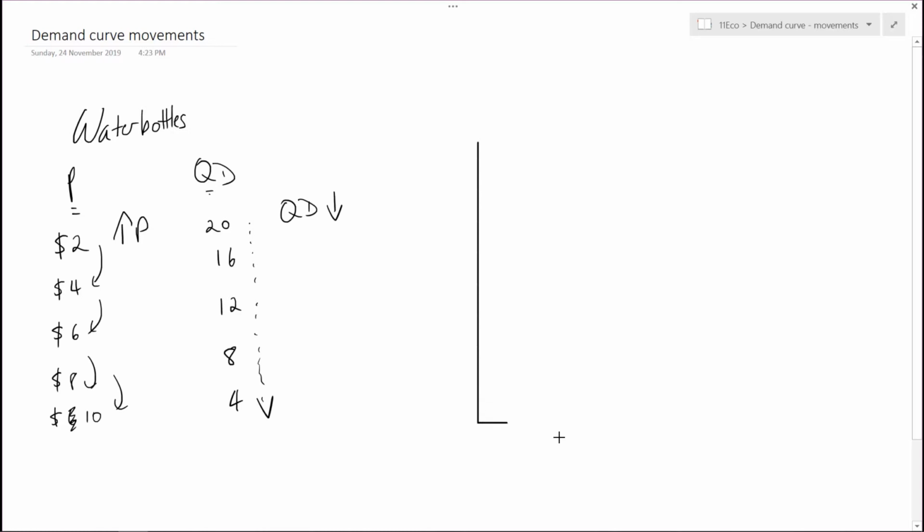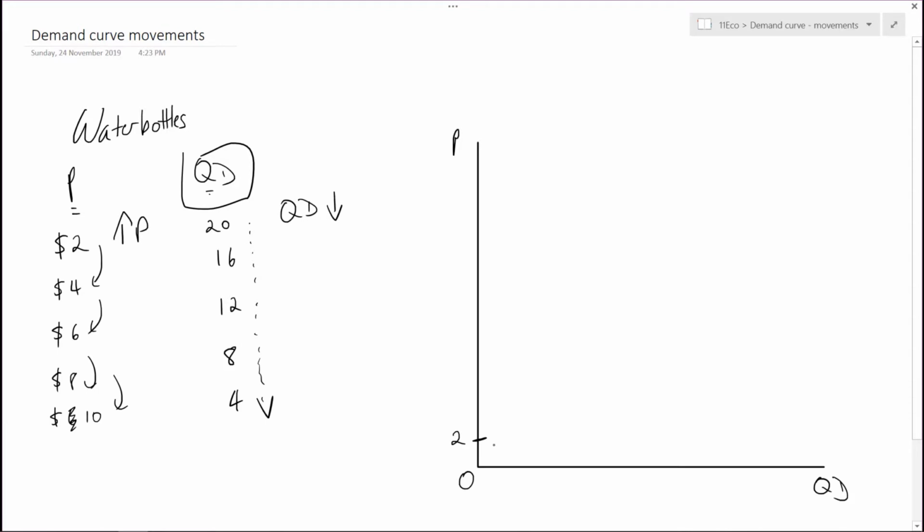So if I create the axes, this would be price. This will be our point 0, and this would be quantity demanded, because we're focusing here on demand. If we look at the first point, for example, price is $2 and quantity demanded is 20. So if price is $2, let's say that's roughly there. Quantity demanded, let's say that 20 is roughly there, and that equates to this point here. And then if we go all the way to the other end, as price gets to its highest point, let's say that's 10, and then 10 corresponds with 4.